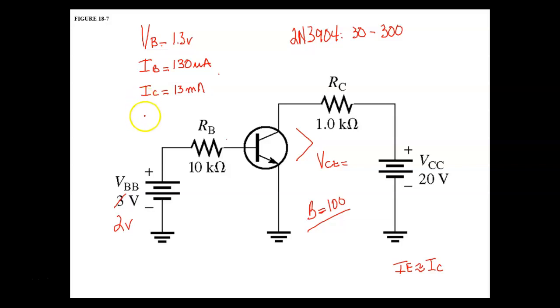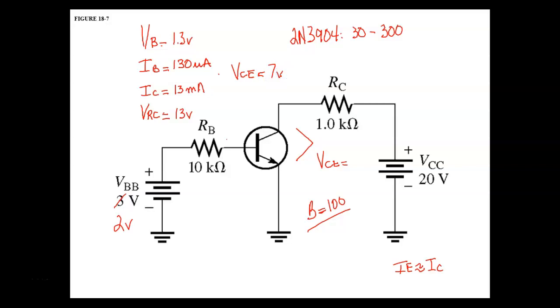So what would my voltage across RC be? Yeah, that's what we have to calculate. What's that? 13 volts. So what would my voltage collector to emitter be? Exactly right. Good call. It's going to be whatever's left, right?